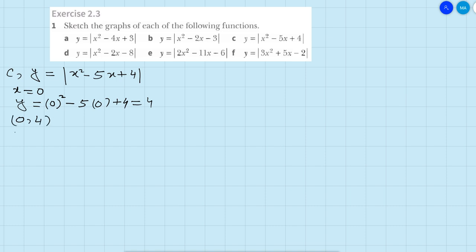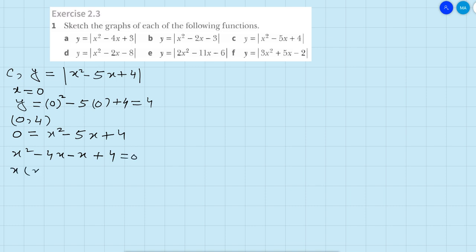Now put y is equals to 0 in the given equation without absolute sign. So 0 is equals to x square minus 5x plus 4. Factorize this equation if possible. 4 ones are 4, 4 and 1 is 5. So x square minus 4x minus x plus 4 is equals to 0.